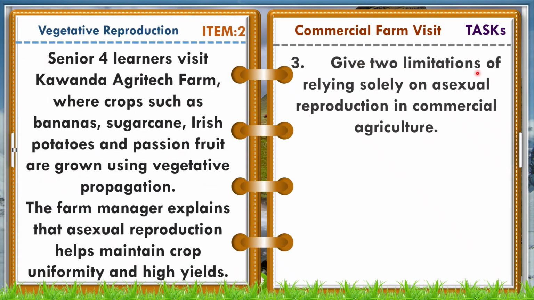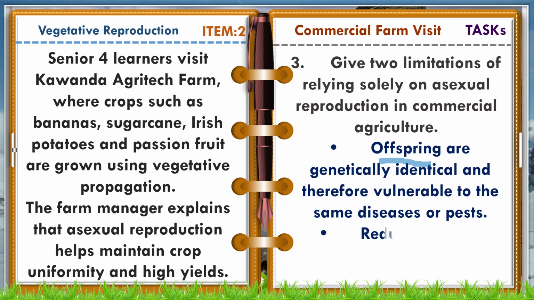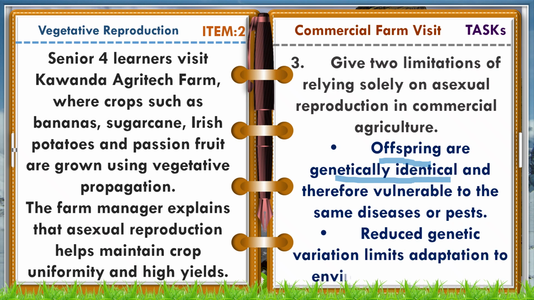Give 2 limitations of relying solely on asexual reproduction in commercial agriculture. The offspring are genetically identical and therefore vulnerable to the same diseases and pests.